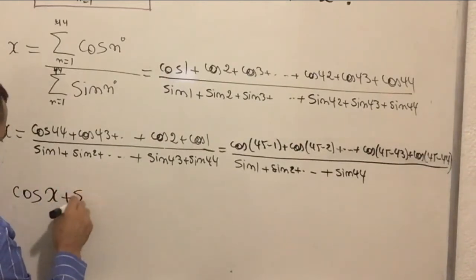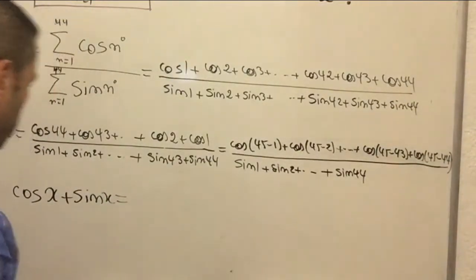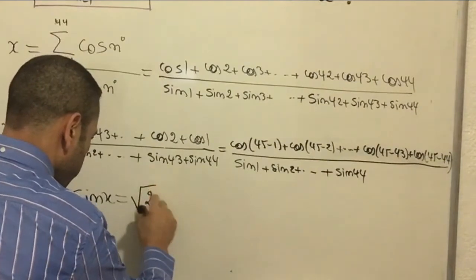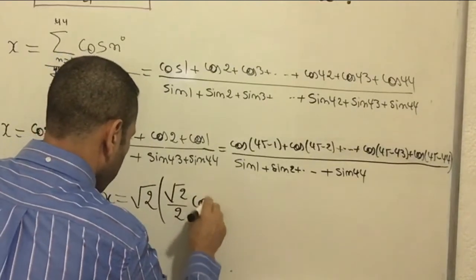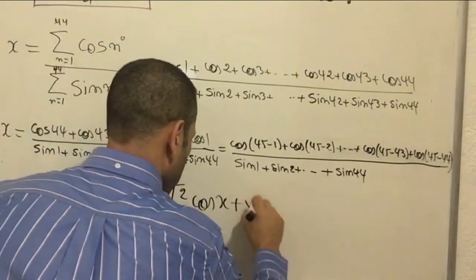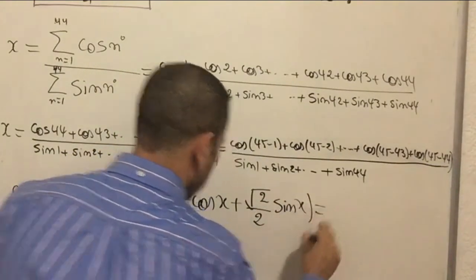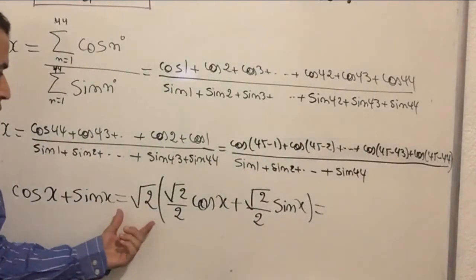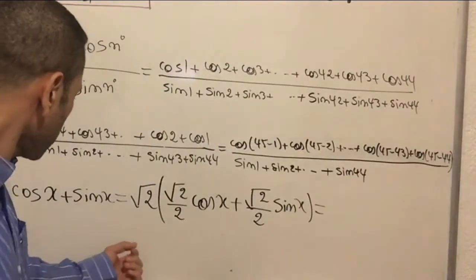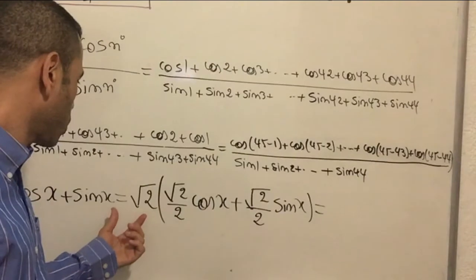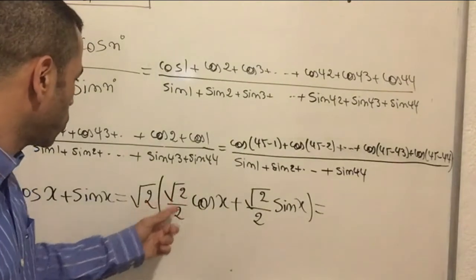If you take a look here, cosine x plus sine x equals square root of 2 multiplied by square root of 2 over 2 cosine x plus square root of 2 over 2 sine x. I'm just taking the square root of 2 outside as a multiplier and putting square root 2 over 2 inside.